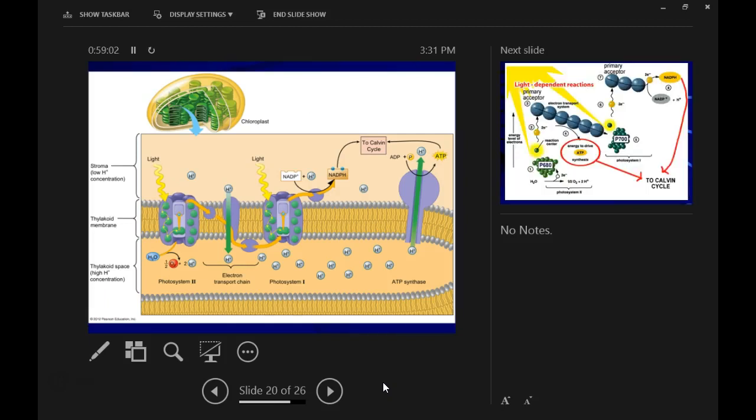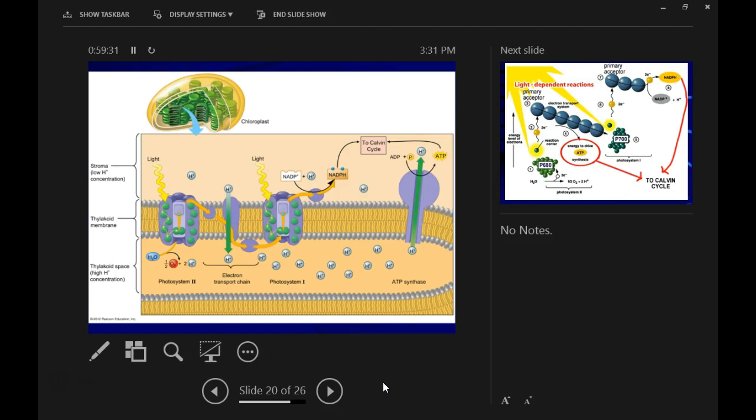So, here's our electron transport chain. The electrons get grabbed by a primary electron acceptor. This is photosystem II. It gets passed down the electron transport chain. Hydrogens are pumped into our thylakoid space. This is active transport.